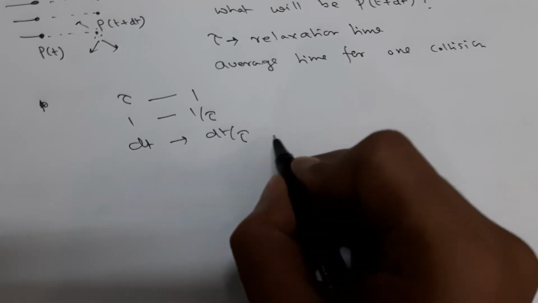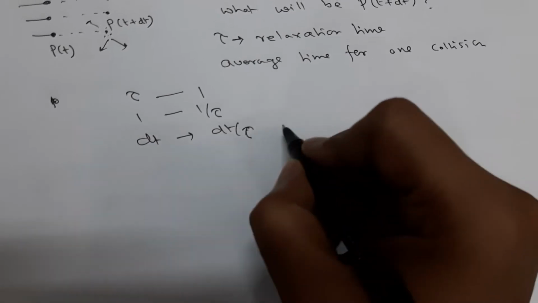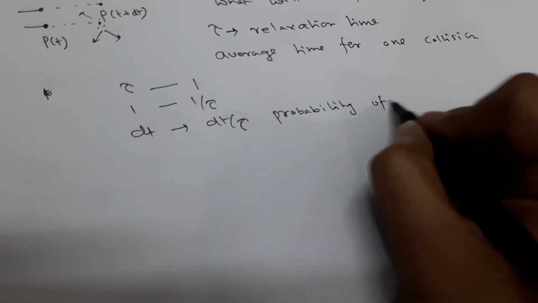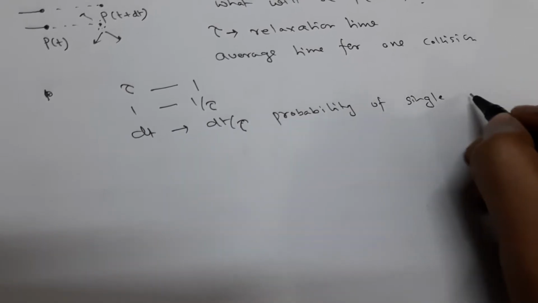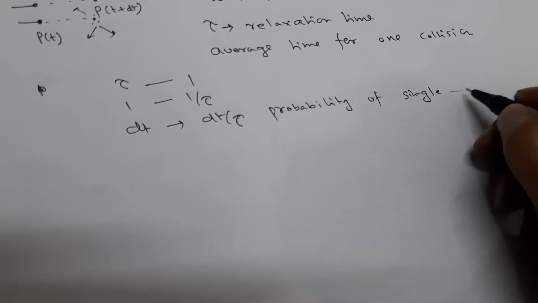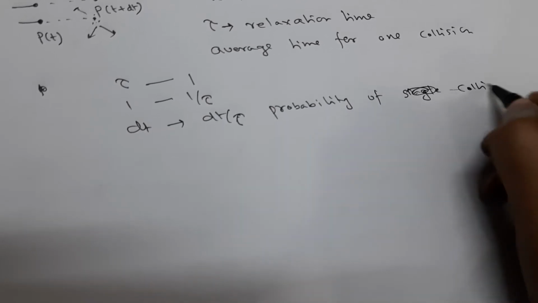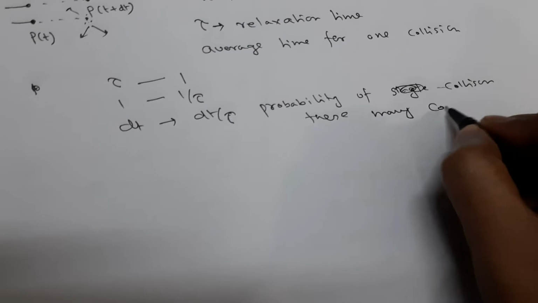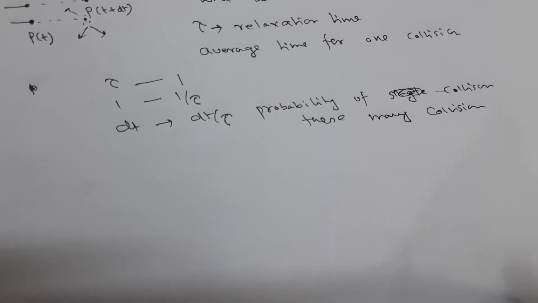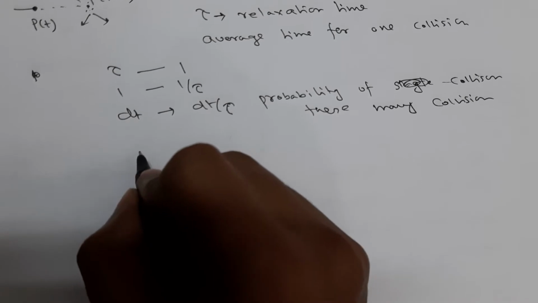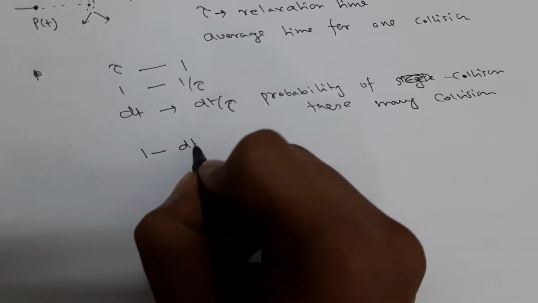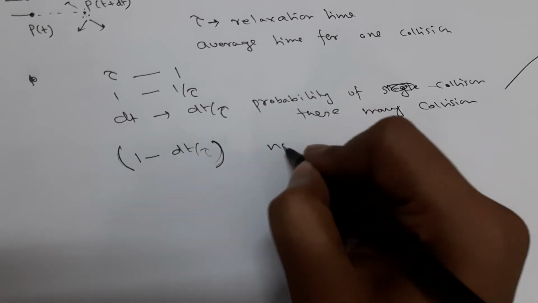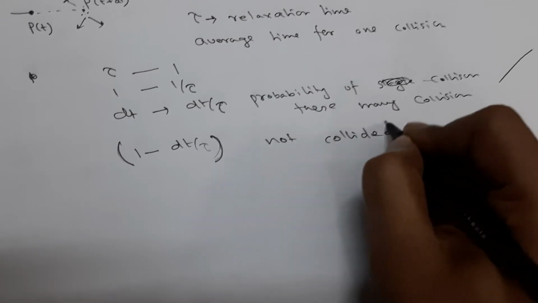So in dt time, this is the probability of collisions. I mean by that, these many collisions will happen. So the chances that the electron has not collided will be the remaining fraction.